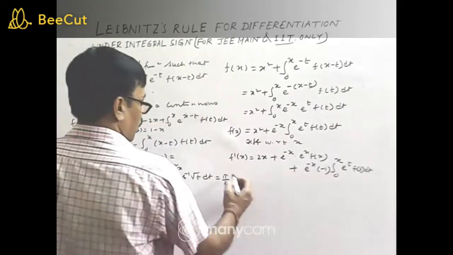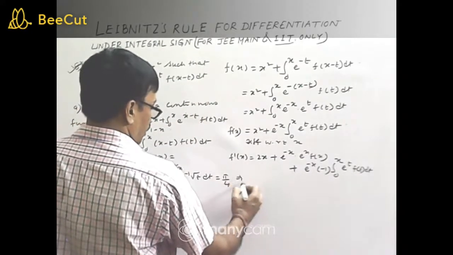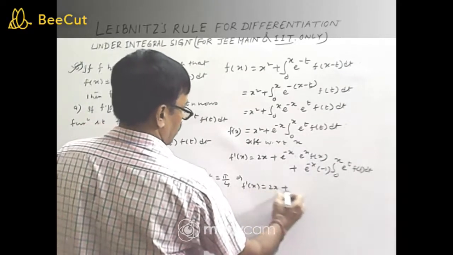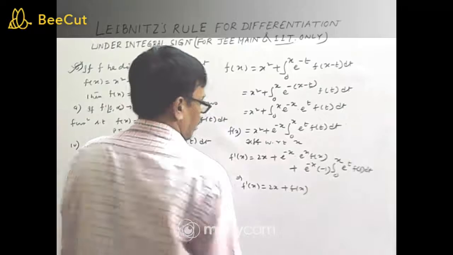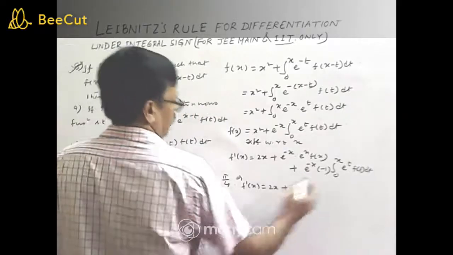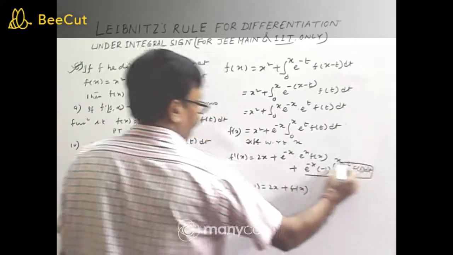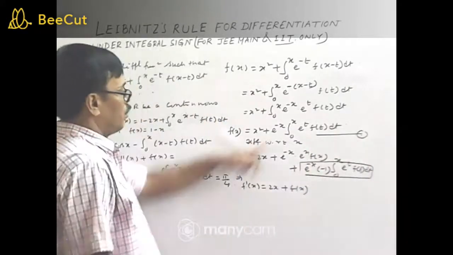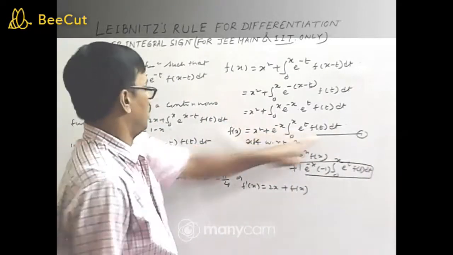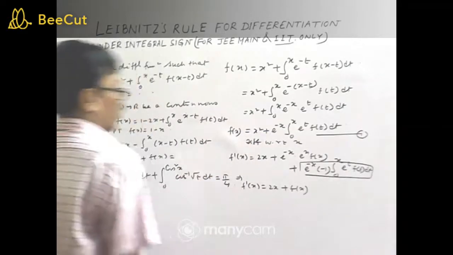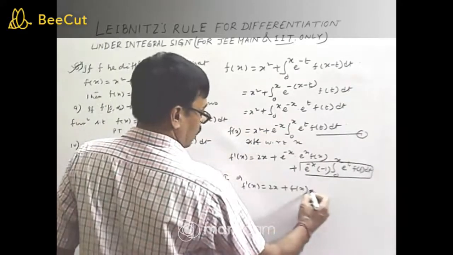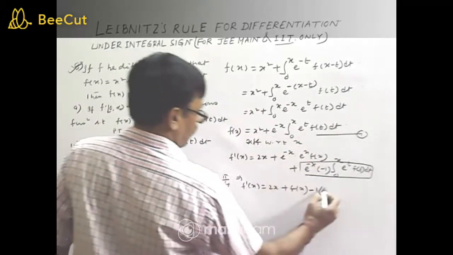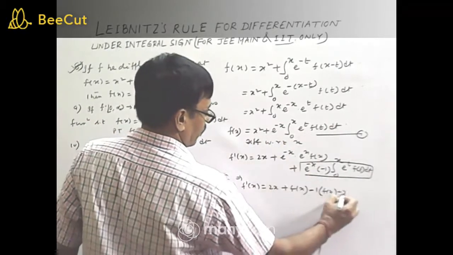Now look, so finally f'(x) equals 2x plus f(x), and what is the value of this one? Look, from 1, what is the value of e to the power minus x times the integral? It is f(x) minus x square.